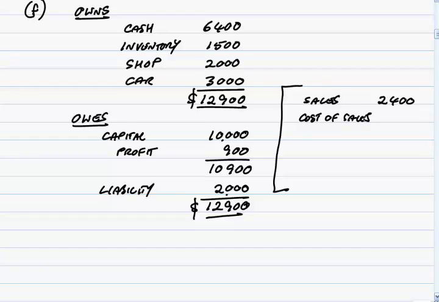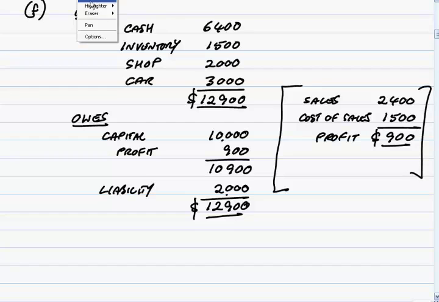It was half the inventory, so if you remember it was 1,500, and therefore, since we sold them for 2,400, we must have made a profit of 900. So clearly it does check.